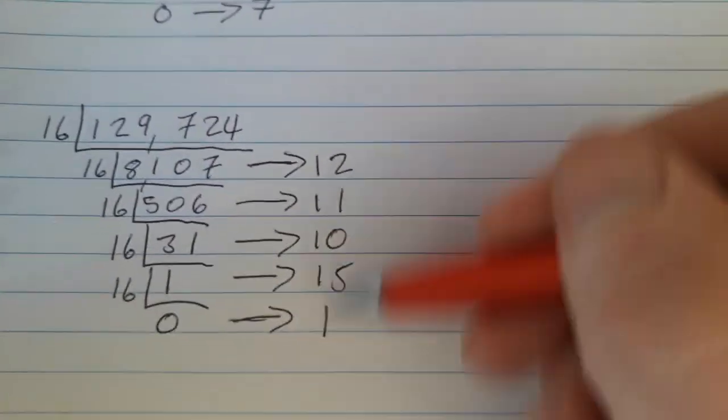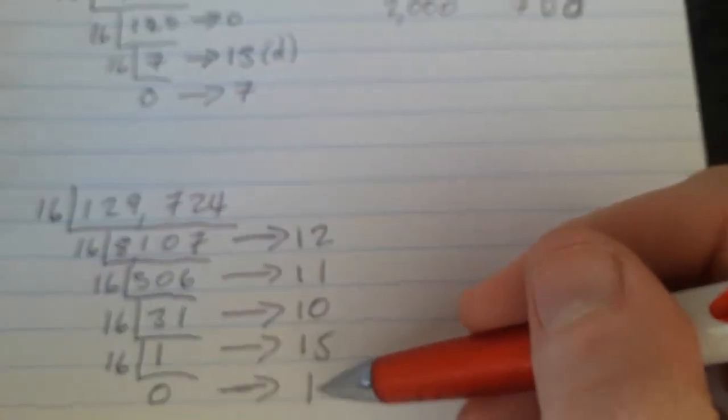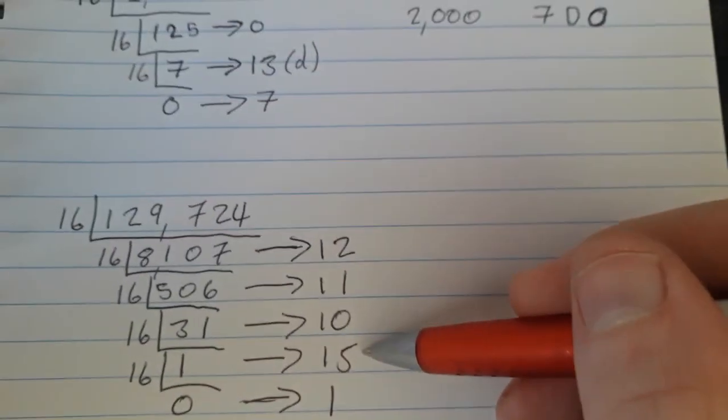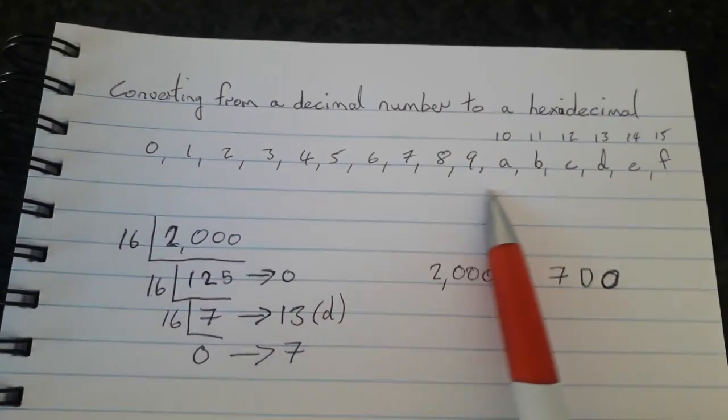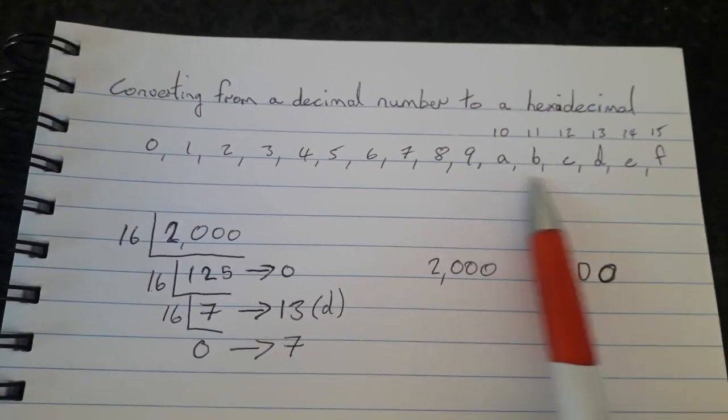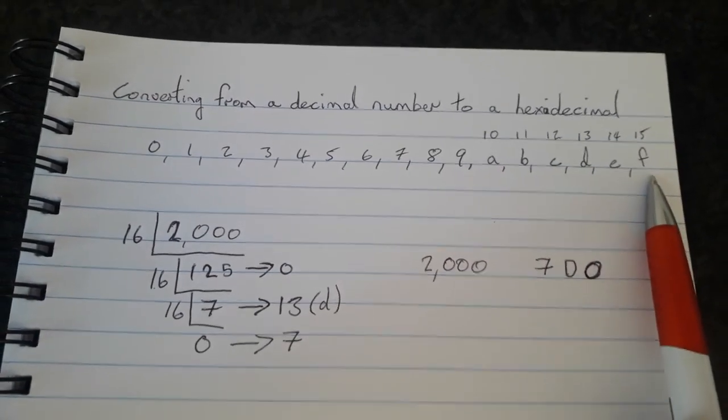So again, this is our hexadecimal number. However, what is 15 in our hexadecimal? 15 is F, isn't it?